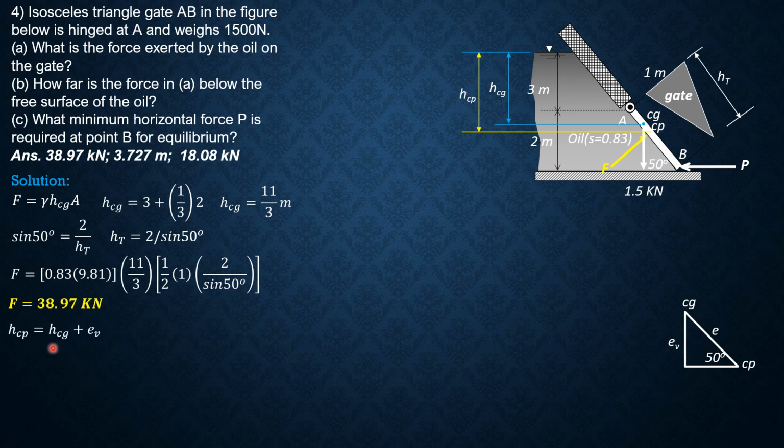So H sub CP is equal to H sub CG plus E vertical, and E vertical is E sine of 50. Take note that E is H sub T square sine of theta over 18 bar H sub CG.